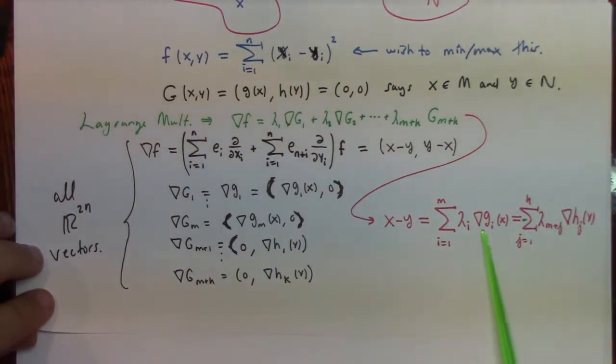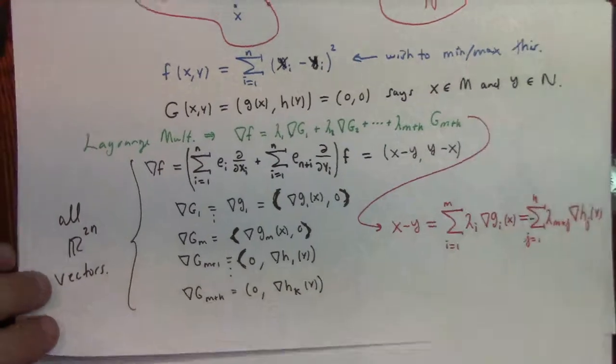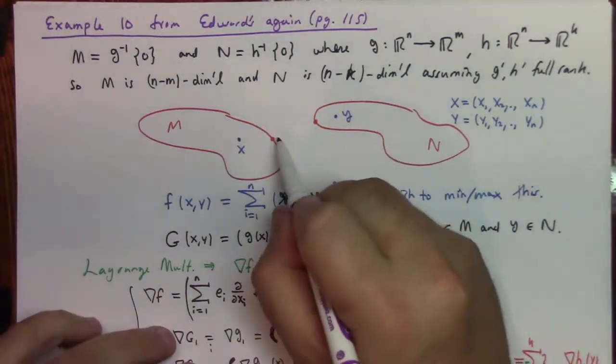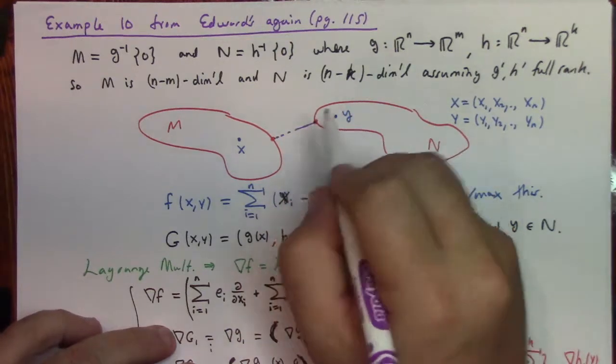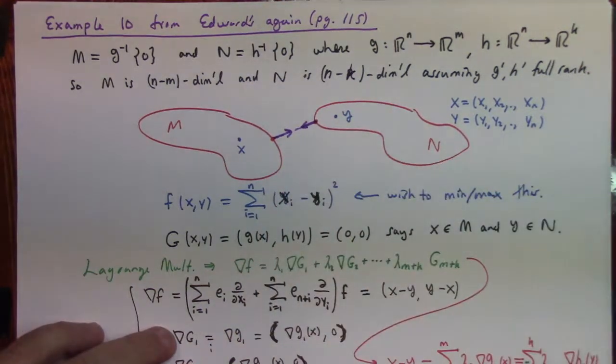It's so beautiful. It just says that the place where you're closest is the place where you can match up the normals to the two surfaces. I can't even visualize what this is, but it's just a natural generalization of example 9. It says that the closest two points are the points where these match with those, so to speak, with a minus, of course.